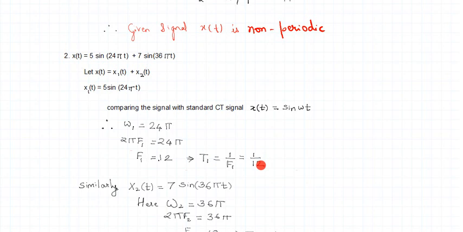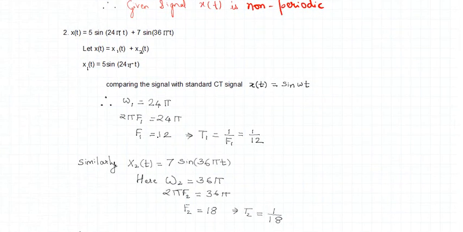Similarly, we proceed for x2(t). x2(t) is 7 sine of 36 pi t. If I compare it with the standard signal sine of omega t, what does omega turn out to be? Omega is nothing but 36 pi.